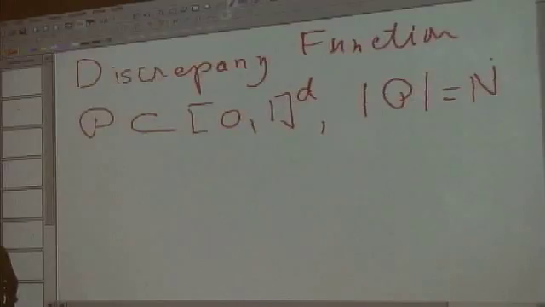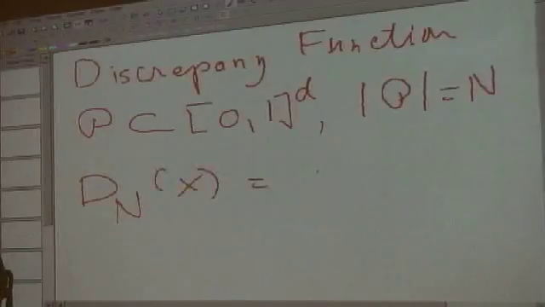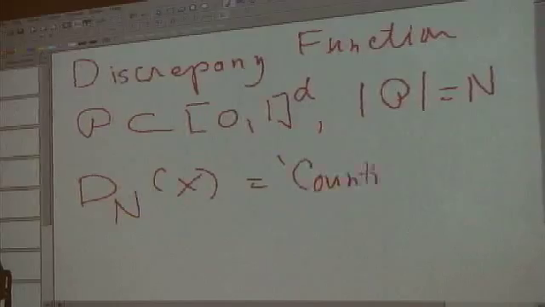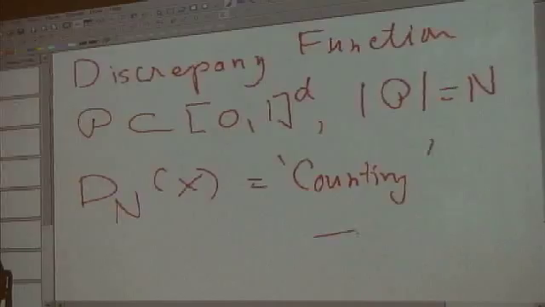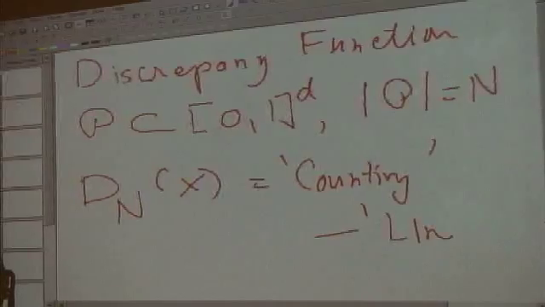And then the discrepancy function, whose dependence is usually denoted on the cardinality of the collection of points, not the collection itself, at point x is the difference between a counting part minus a linear part.